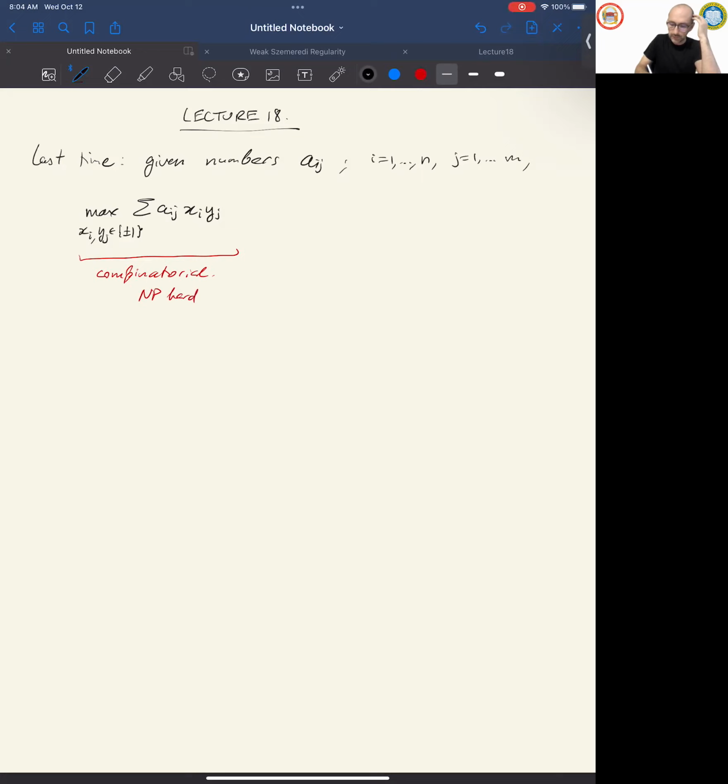Okay, so the proposal is to relax this problem to something easier, to a problem that we could actually solve, and that hopefully will be related to the original one. So hopefully there is a back road to the original problem. The relaxation, as last time, is actually very simple.